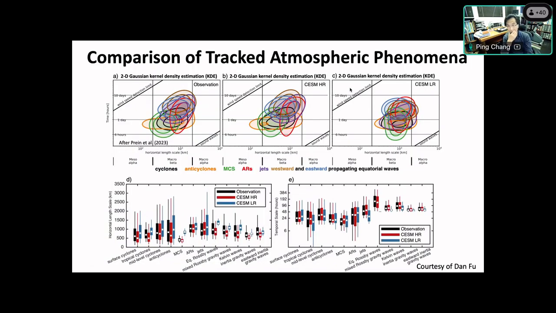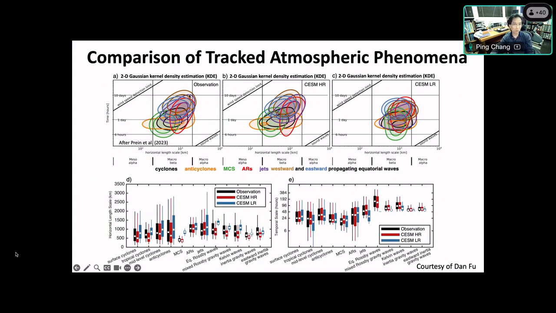So I'm just going to walk you through some of the results. Some of the results were quite surprising. This is basically a two-dimensional PDF distribution indicating the typical length scale and the temporal scale of different phenomena. Each of these colors represents a different atmospheric phenomenon. The black represents all the cyclones, orange the anticyclones, green the MCSs, and red the ARs, and so on.